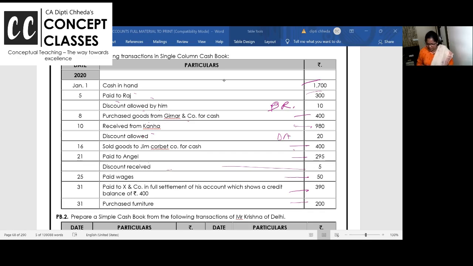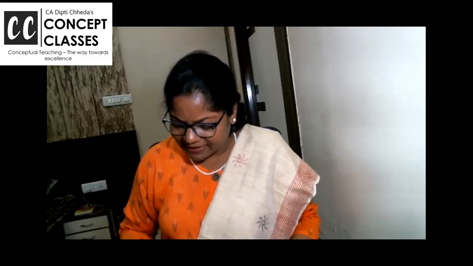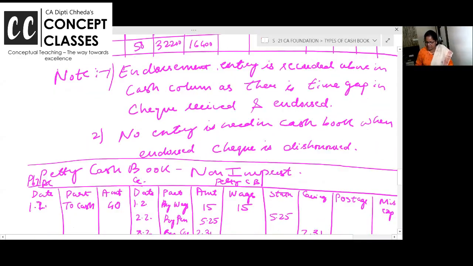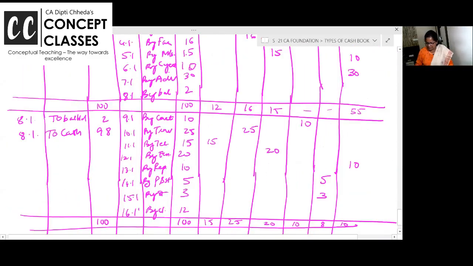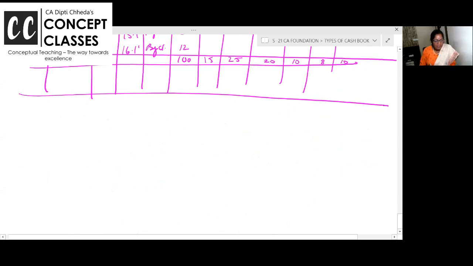Chalo. प्रॉब्लम रीड करने की तो जरूरत नहीं है ना. वापस से करेंगे. चलो, let us do it. Let us do it now. No problem. Problem number 1. Double column we will do it.